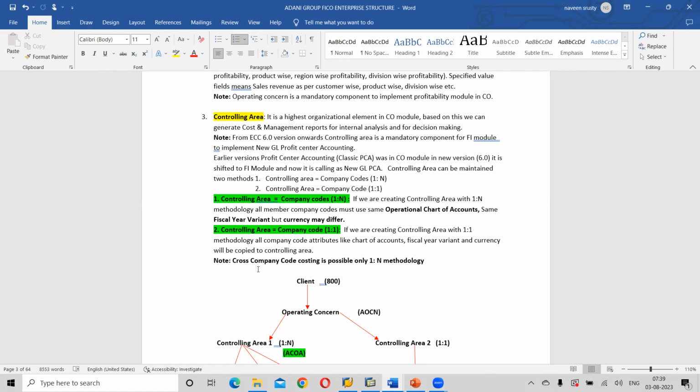Cross company code transaction, for example: in Hyderabad we have cement, in Mumbai we have steel, and in the US also we have steel. The order is received in the American company for steel.